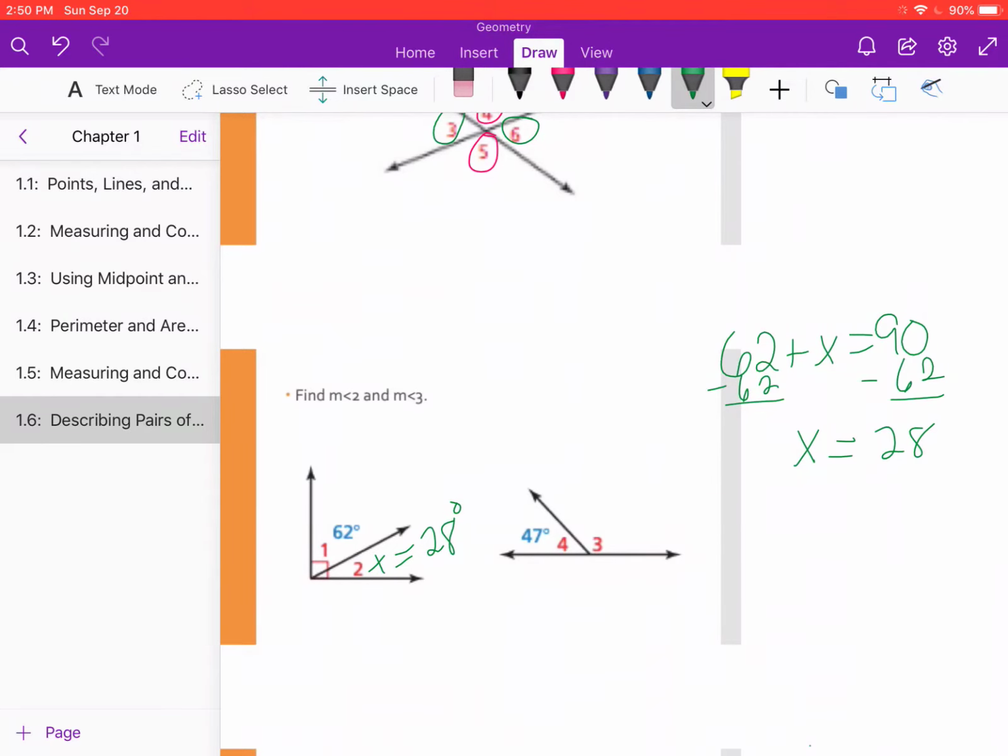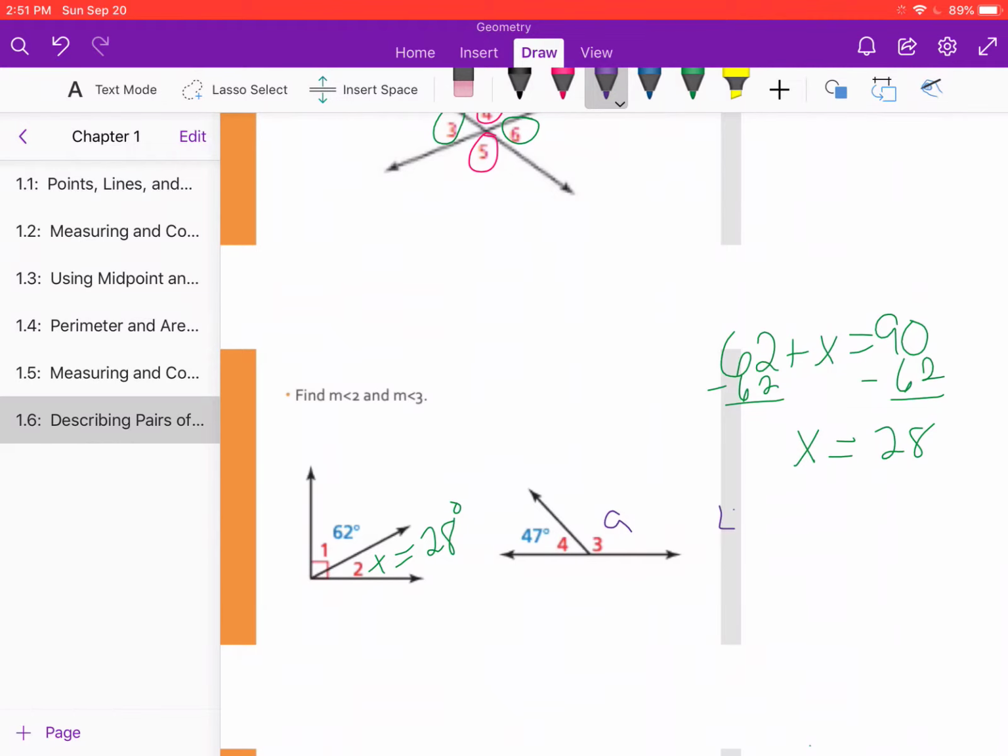Same thing kind of works for the next example, except now they're not complementary. They form a line. They are supplementary. We could also call them a linear pair because they are adjacent and supplementary. I'm going to name angle 3 A. You can pick whatever letter you want. And I know that they're supplementary, so they add up to 180 degrees.